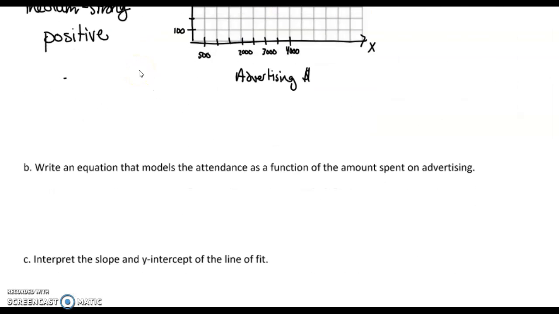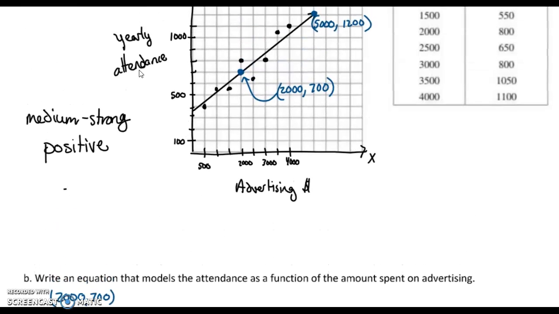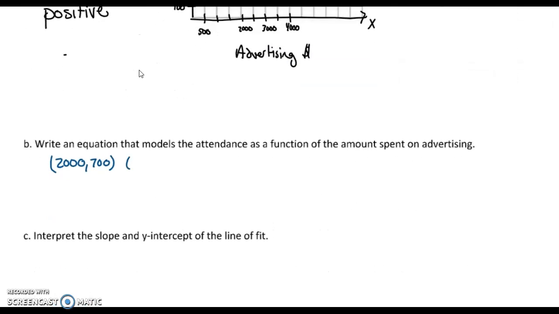So let's just go down here and write them down. So it was 2,000, 700, and then it was 5,000, 1,200. All right, so first find your slope.